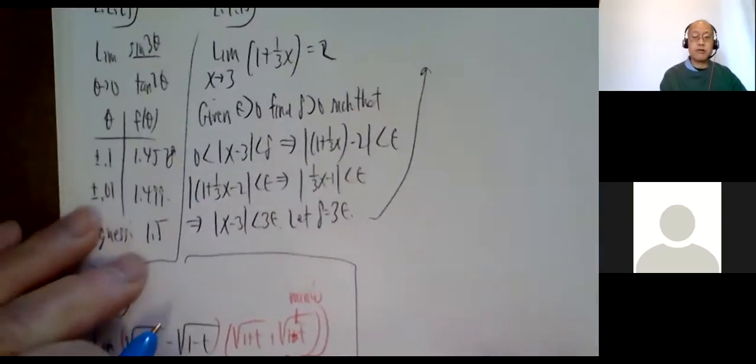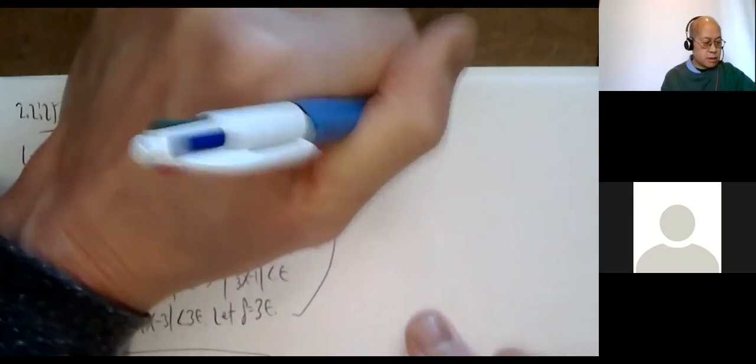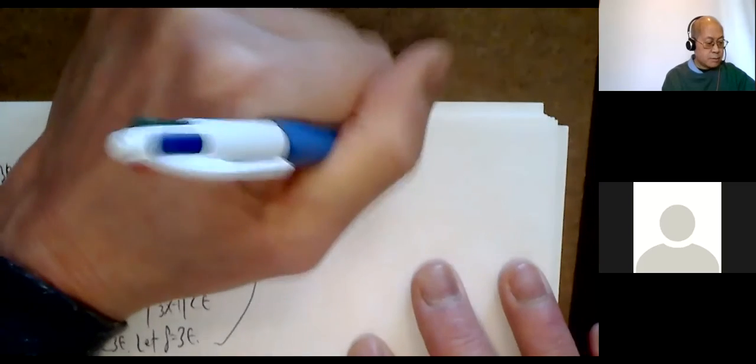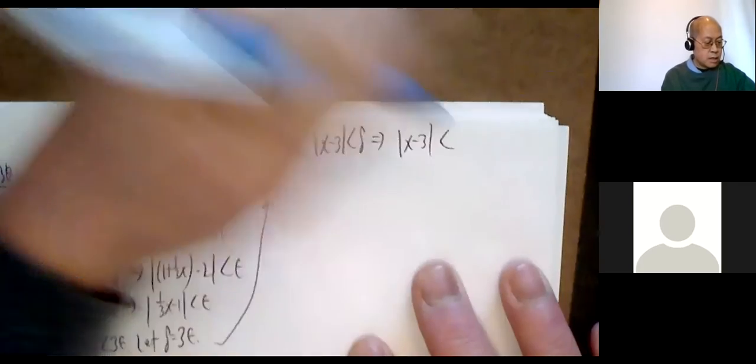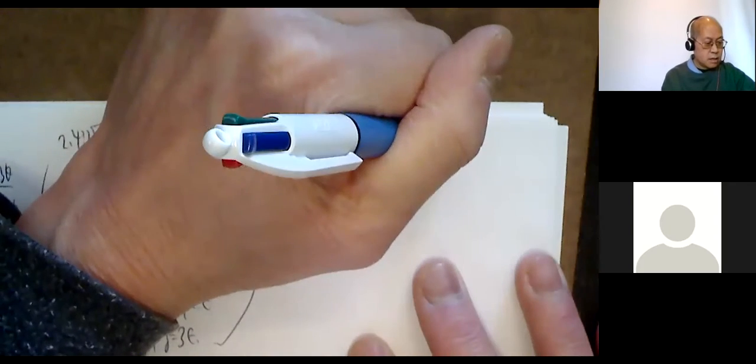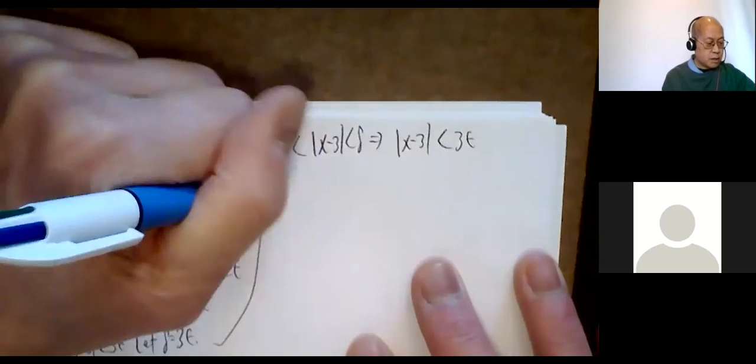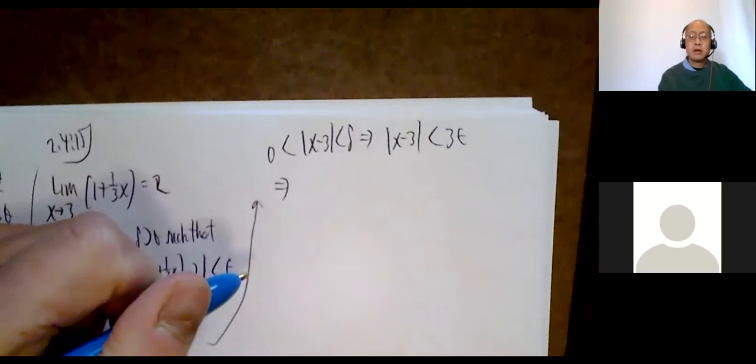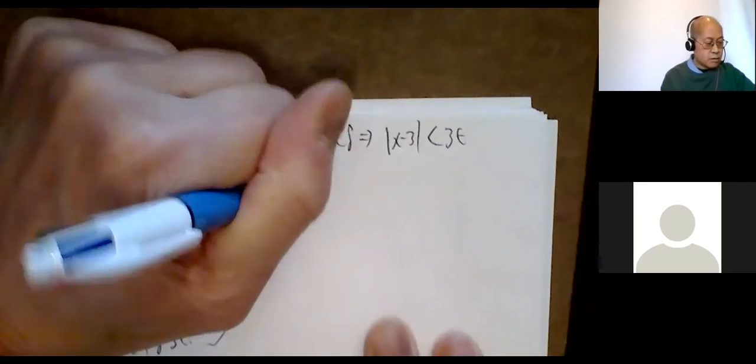Okay, I'll come over here for the formal proof. 0 less than absolute x minus 3 less than delta implies absolute x minus 3 is less than 3 epsilon. Multiply both sides by 1/3. So 1/3 absolute x minus 3 less than epsilon.